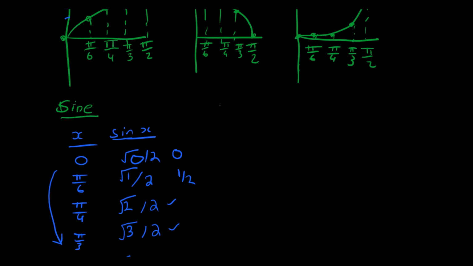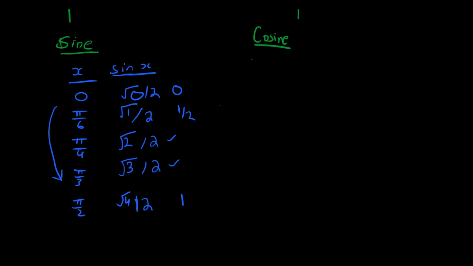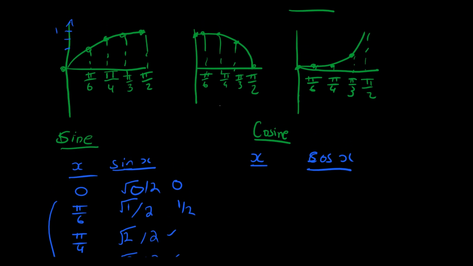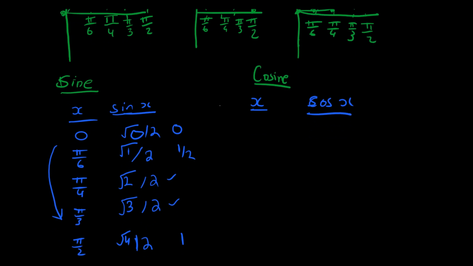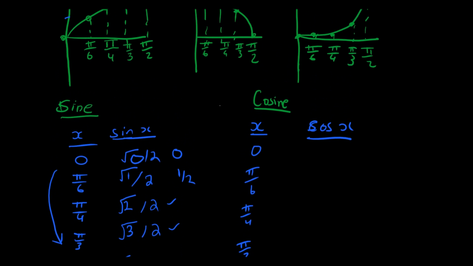For cosine, it starts with all the x values. Cosine of x. You have 0, pi by 6, pi by 4, pi by 3, and pi by 2.